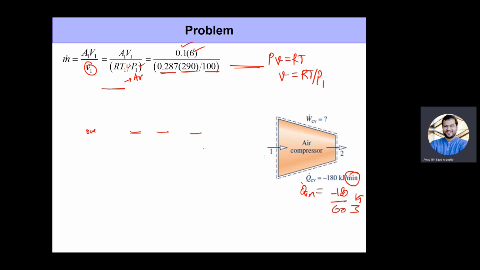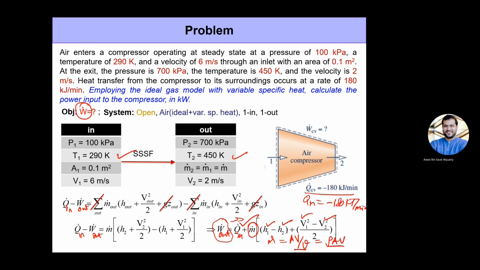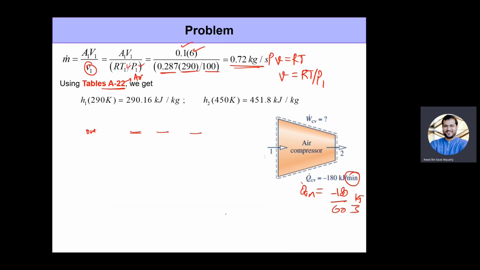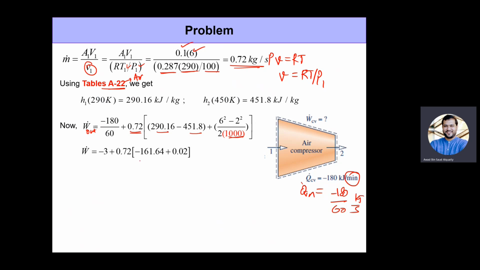This is simply what we had here. H1 minus h2 plus v1 squared minus v2 squared by 2, nothing else. So remember to divide by 1000 when you're dealing with velocities to convert joule per kilogram to kilojoule per kilogram. So when you plug in the numbers, this is what you get.